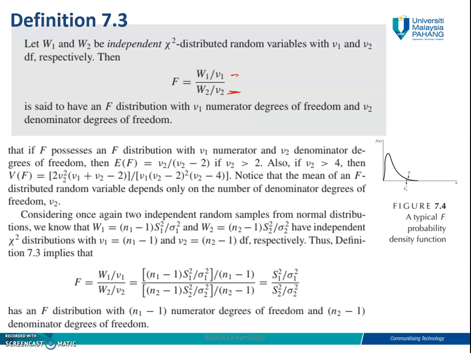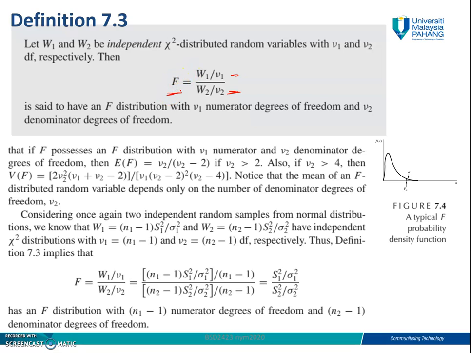If we combine these two random variables, population 1 with sigma 1 square and population 2 with sigma 2 square, when we divide these two you will get an F distribution. That is why W1 comes from a chi-square distribution: when we have one population variance, it gives a chi-square distribution with n minus 1 degrees of freedom. When you divide, you get an F distribution.